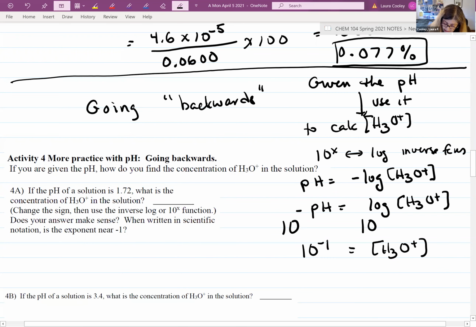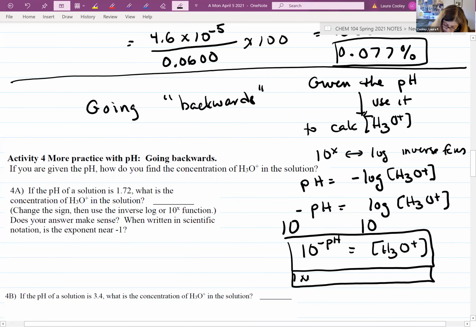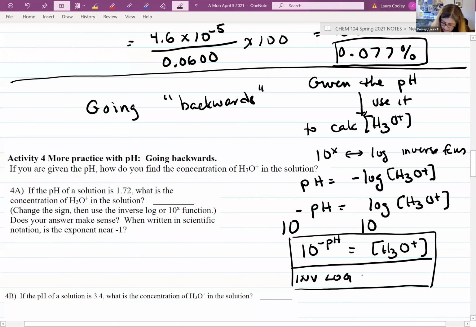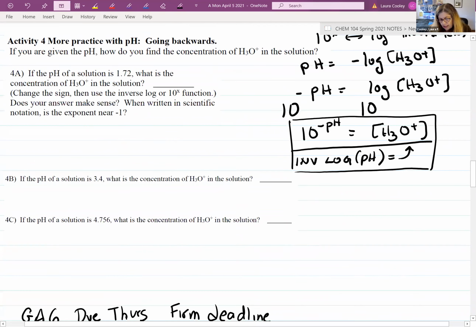So 10 to the negative of the pH, which could also be inverse log on your calculator, of the pH will give you the H3O plus concentration. It might be second log on your calculator, depending on what your calculator is.